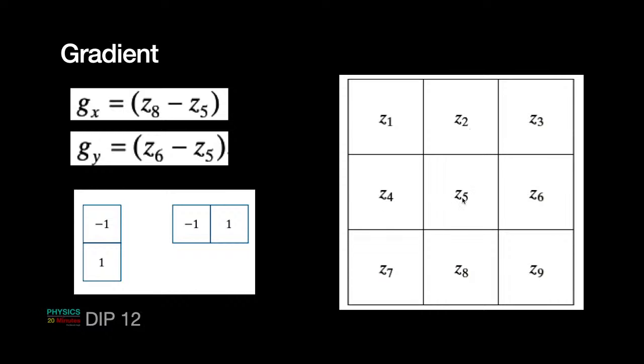Similarly it comes here: z5 minus z4, z6 minus z5, z8 minus z7, z9 minus z8. So you will do all those subtractions and keep calculating the gradient as these small little kernels run here. These are very beautiful examples of convolution, small kernels doing the convolution.